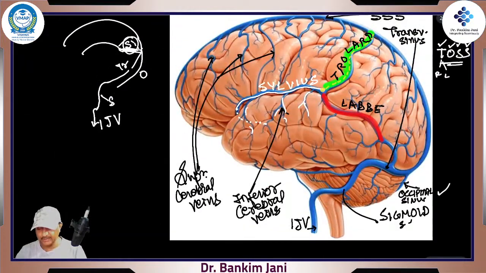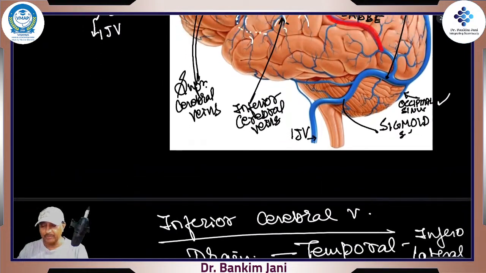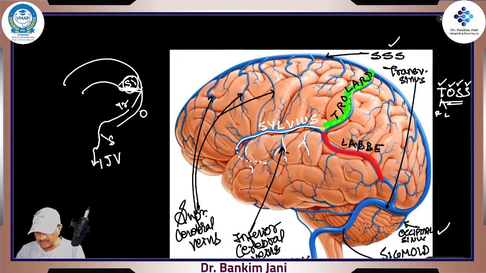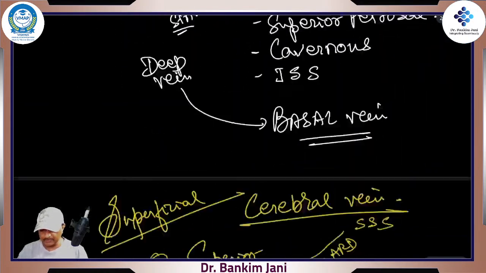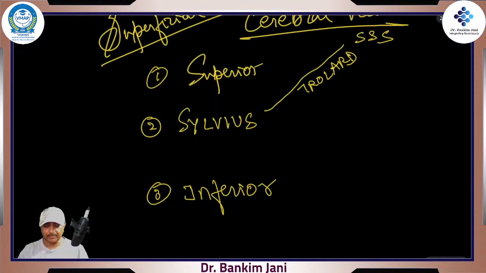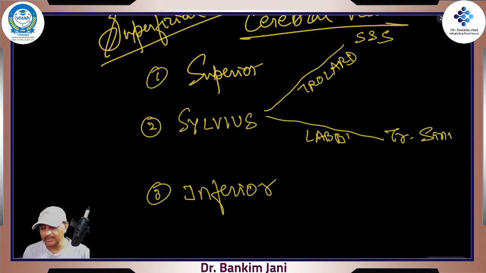See over here. And then the second one is labbe, which is going all the way into the transverse sinus. So when it goes like this, this is labbe, and it is going towards the transverse sinus. But this is not always, right?